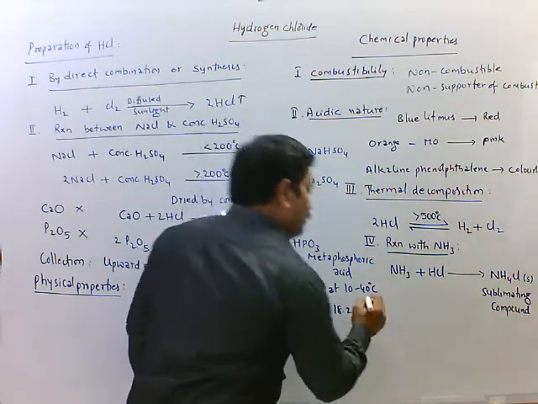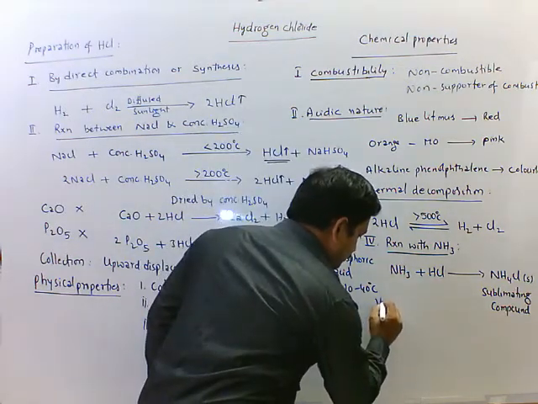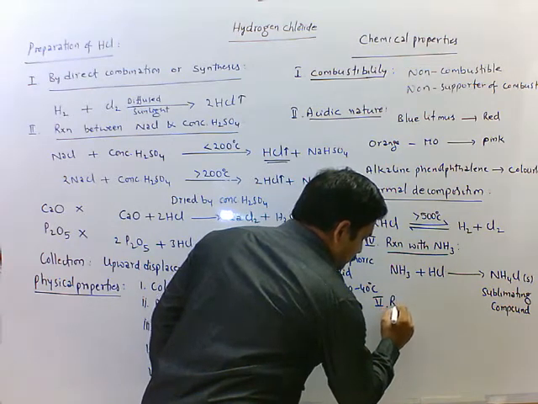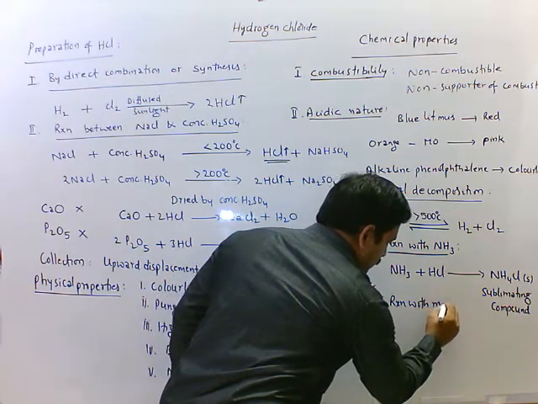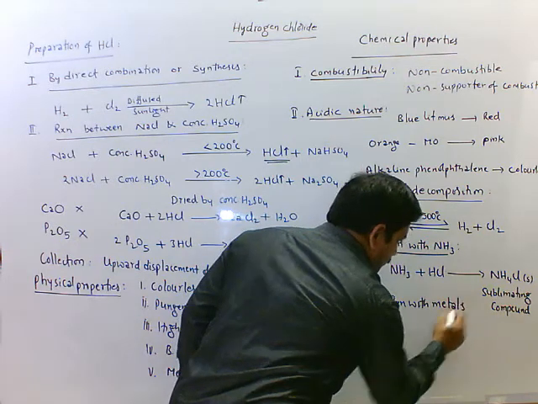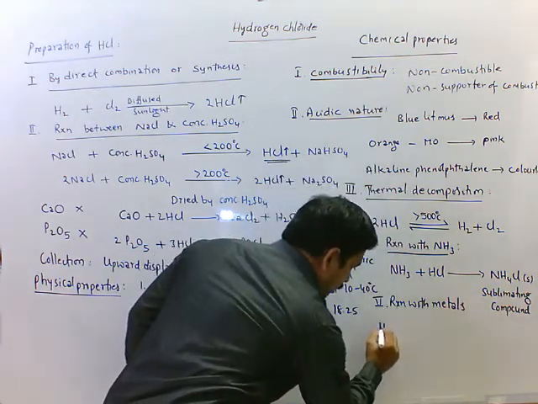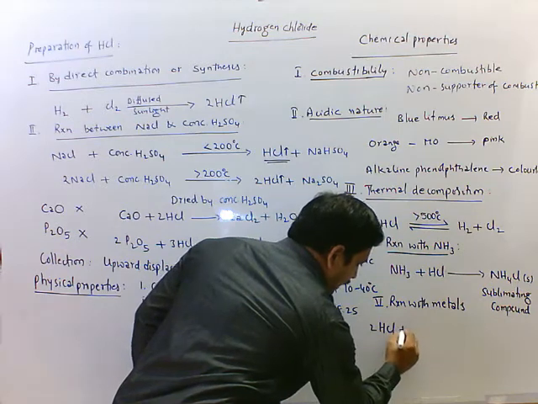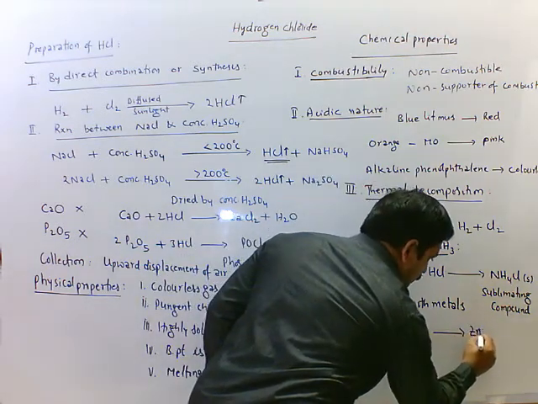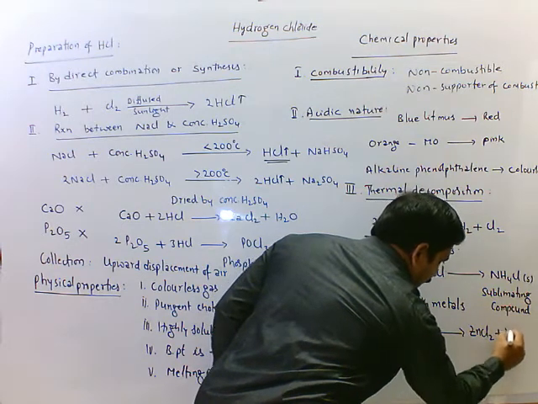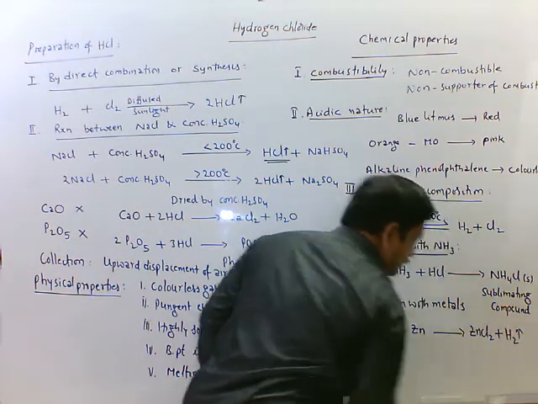Now, fifth chemical property, reaction with metals. Hydrogen chloride reacts with zinc metal, forms zinc chloride and liberates hydrogen gas.